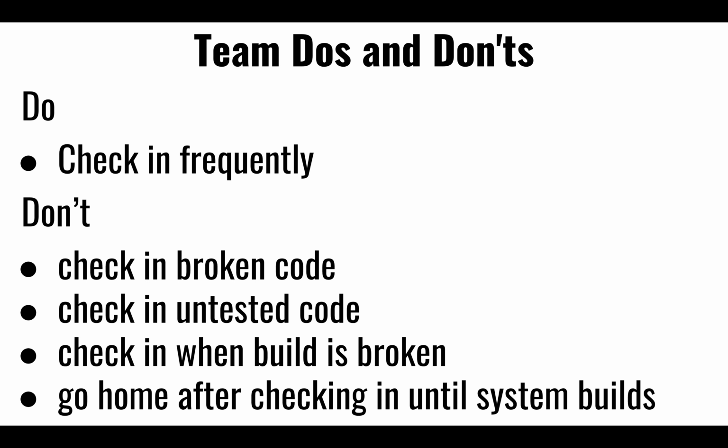Things that the team should do: you should always check in frequently, right? You should not have a large number of files that you're checking in. There might be certain times where you do have to do that, maybe lots of images or static documents or sound files that you need to check in as one.